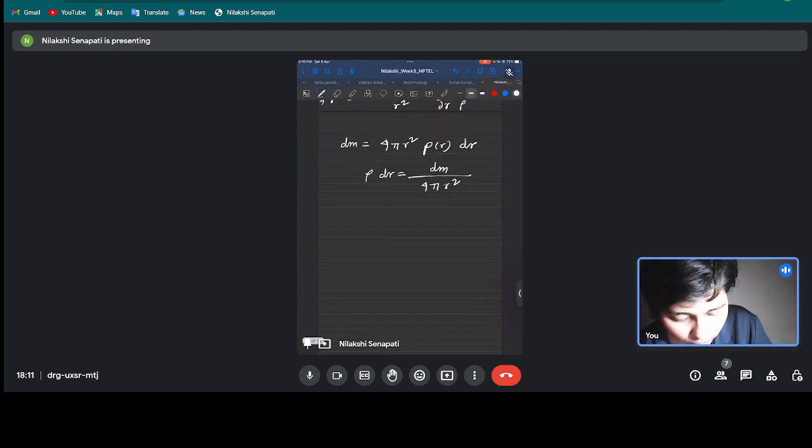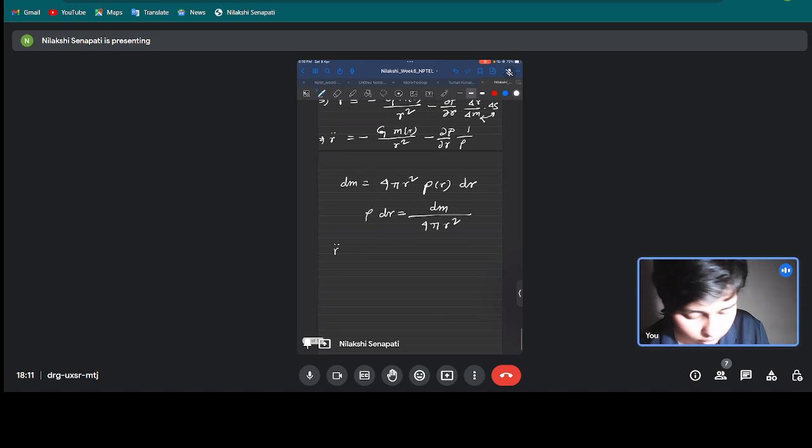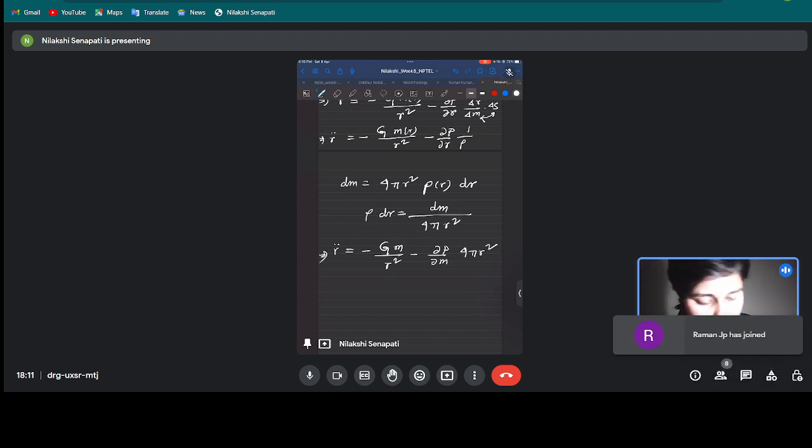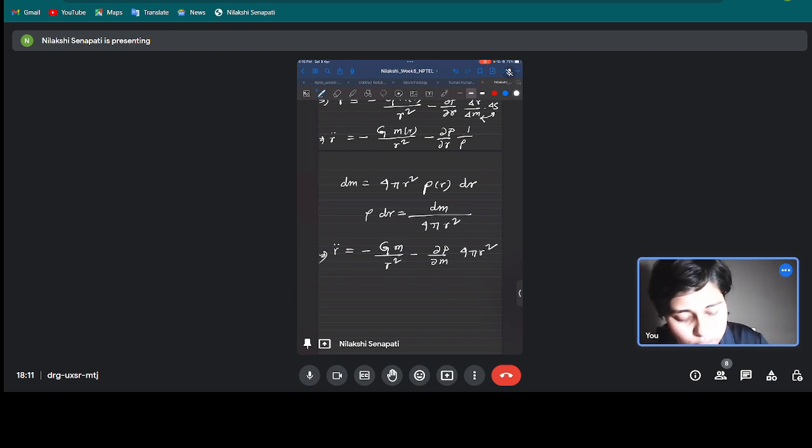So then r double dot is equal to minus g m r square minus del p del m into 4 pi r square. Alright, because 1 by rho dr we are substituting here with this, because we want to write everything in terms of either delta m or del m or delta t. So now we have this equation.